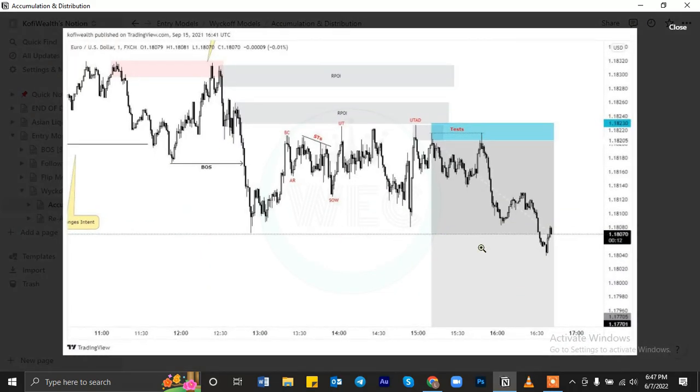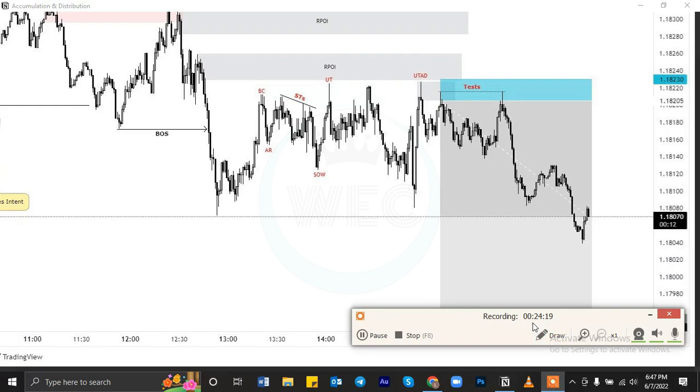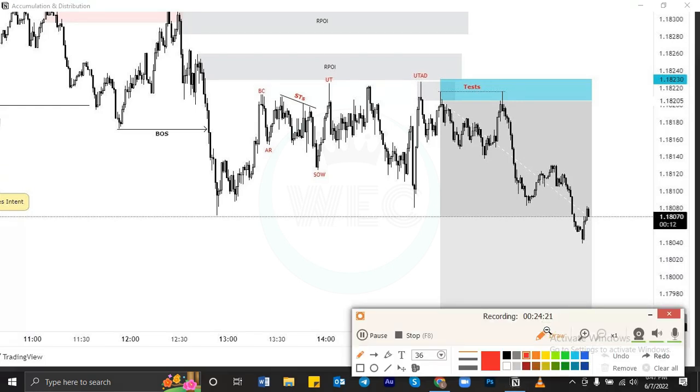So on the 1 minute, you're going to see this beautiful distribution schematic. Okay, so we had our buying climax, our automatic rally, our secondary test, our sign of weakness, our upthrust, right? And then our UTAD, right? And after that, I enter on my test. Okay, so this is a distribution.